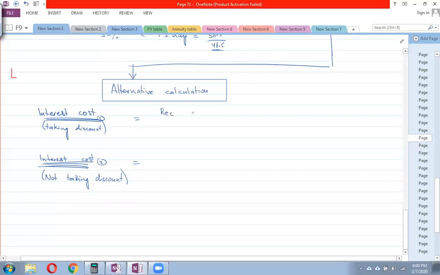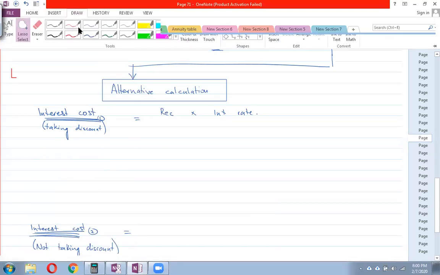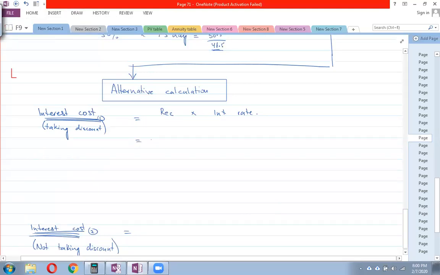Receivables multiplied by the interest rate, right? How do you calculate receivables? Receivables is equal to sales multiplied by receivable days divided by 365, and then you multiply with the interest rate.